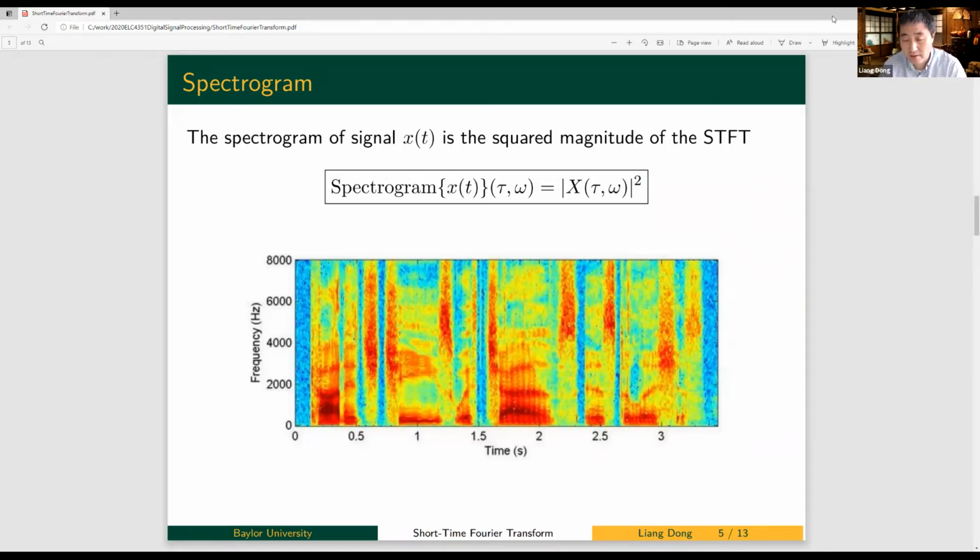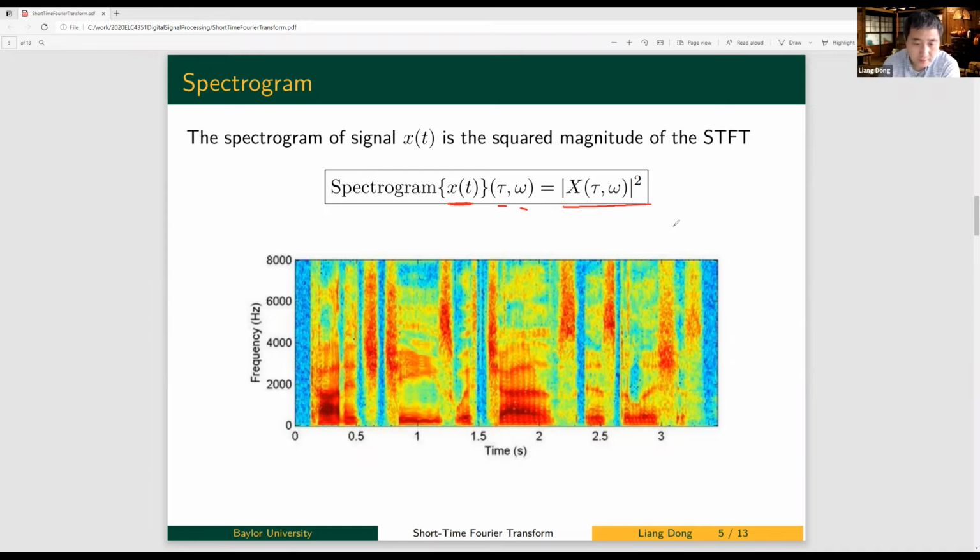For the Fourier transform, we call that the spectrum. Here we call that a spectrogram. A spectrogram is the squared magnitude of the short-time Fourier transform output. So the spectrogram of the signal x(t) is a two-dimensional function, a function of tau and omega. I express it in this way: the absolute value of capital X, squared.